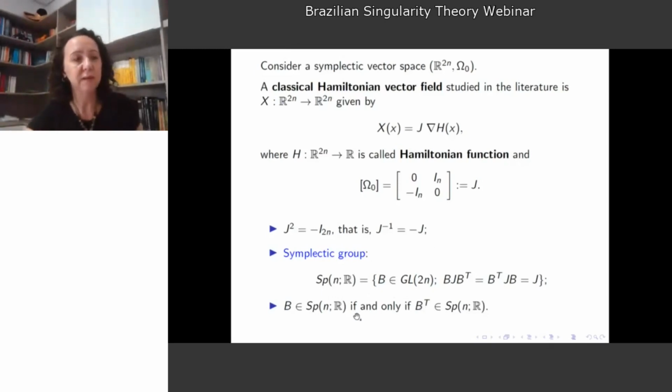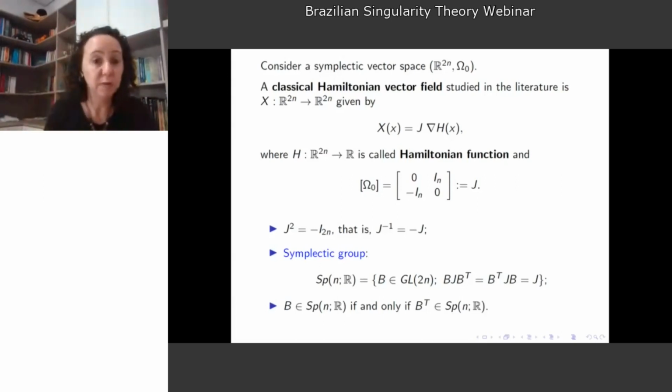These are only some of the properties; a lot of results in symplectic algebra use strongly the property that J squared is equal to minus identity, and the properties of the symplectic group and its Lie algebra are obtained by this special situation.